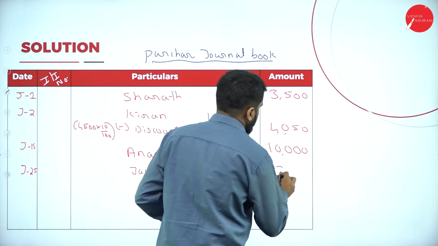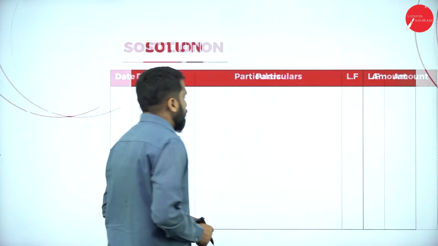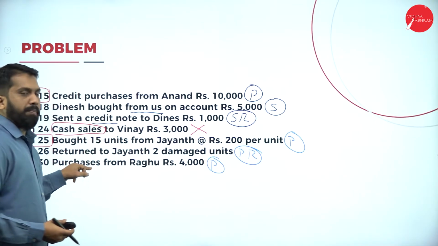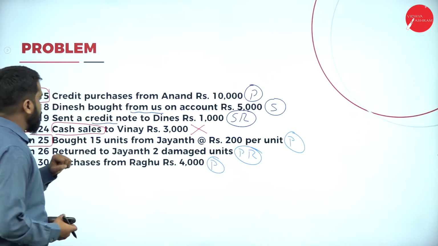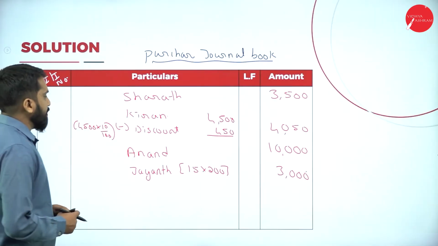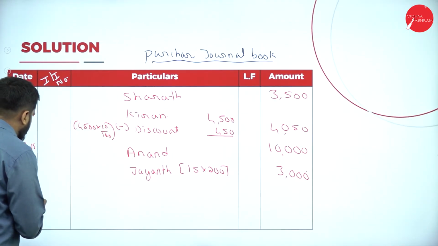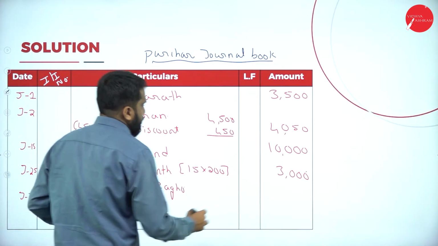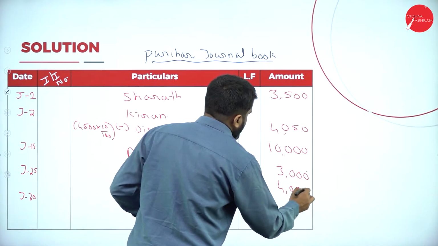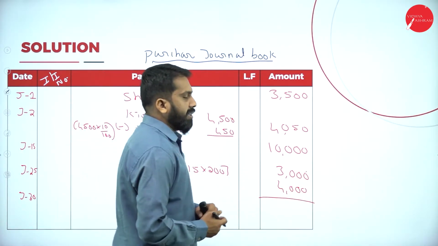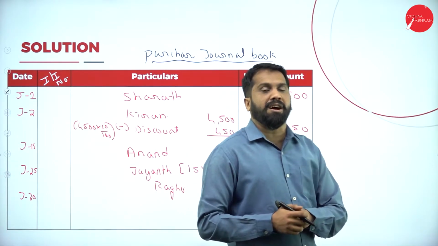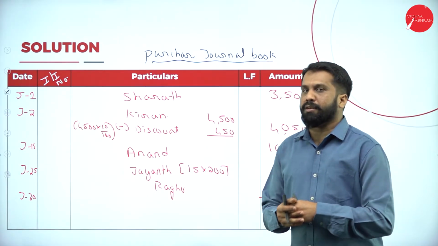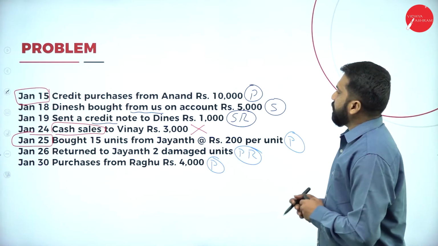Now, next, is there anywhere purchases? Yeah, last one. Purchase from Raghu, rupees 4,000. January 30th. Raghu. It is 4,000. Now, any doubt up to this? We have completed your purchase book. We have written everything in your purchase book. Now, so purchase book is done.